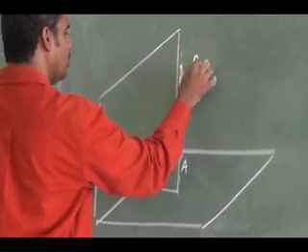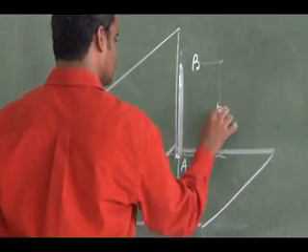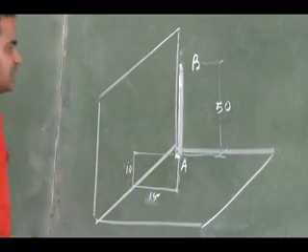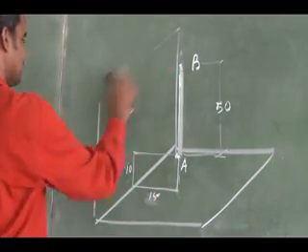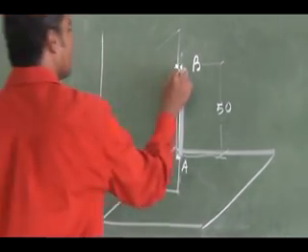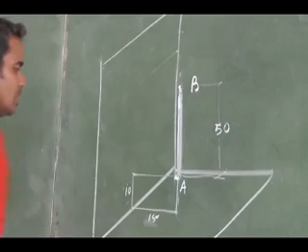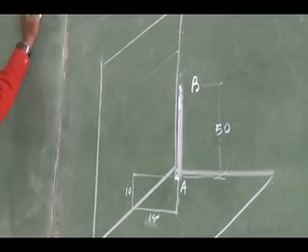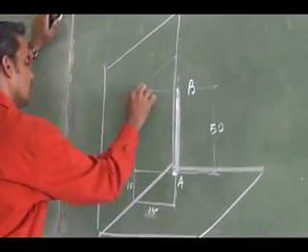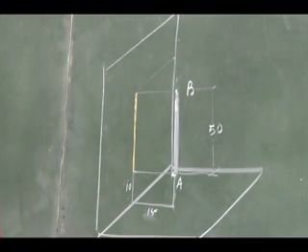This is my end B. The line length is given. So this is 15 and this is 15 and this is 10 mm. Suppose I project this, where will I obtain the front view? I will obtain it here. The front view will be seen as a straight line with the same, true length.